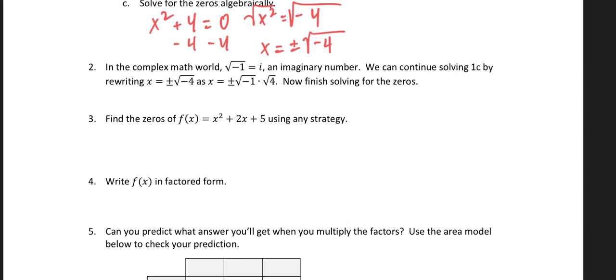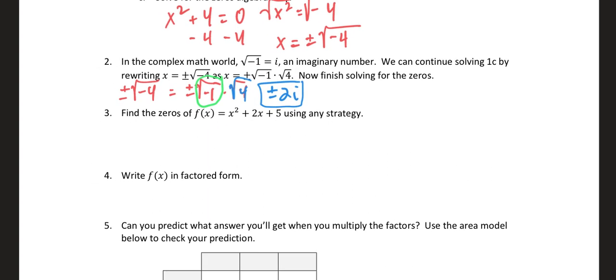So if we take our plus or minus root negative 4 and say, okay, that's actually plus or minus root negative 1 times root 4, then now this guy is i, and our answer is going to be plus or minus 2i, because square root of 4 is 2, so plus or minus 2i is our answer.